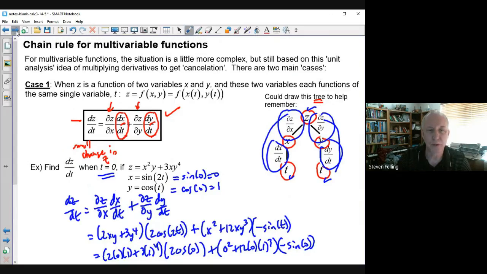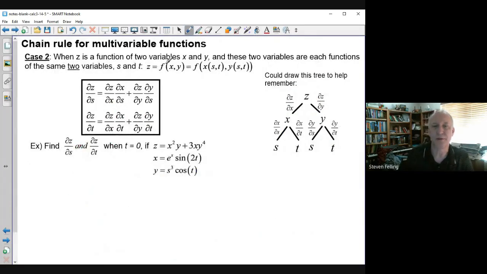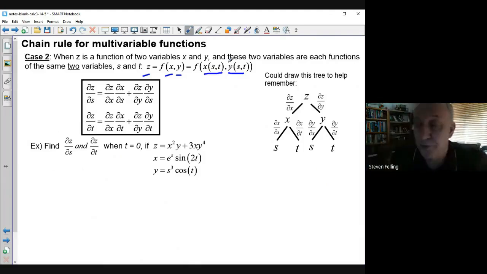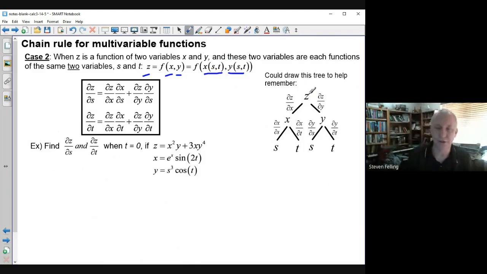All right, a little bit more complicated case, which we encounter sometimes. We have z as a function of x and y, but then x and y are each functions of 2 parameters, s and t. And we'll see this more later in the next chapter when we do multiple integration. But graphically, this is showing that z depends on x and y, right? But then x and y are each dependent upon 2 different variables, right?